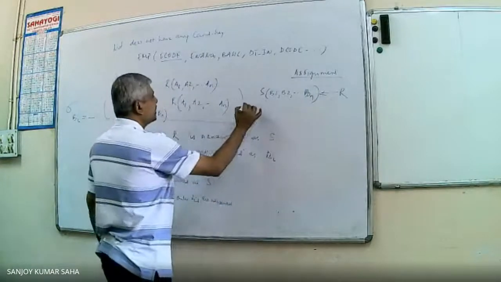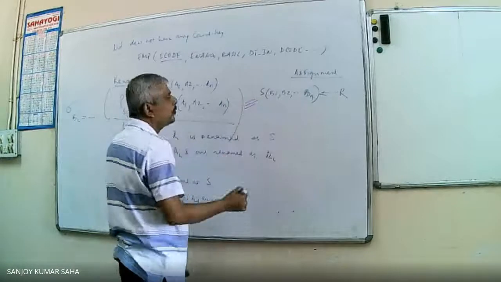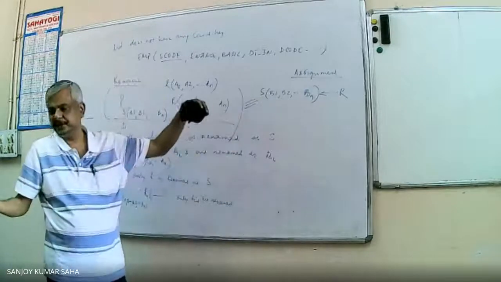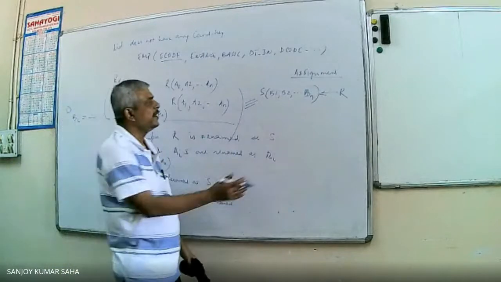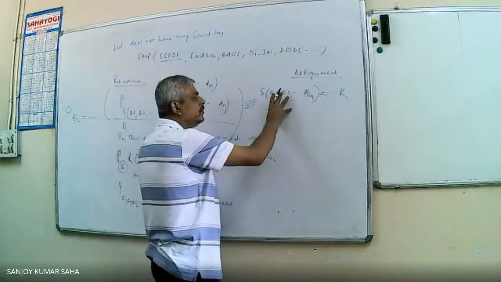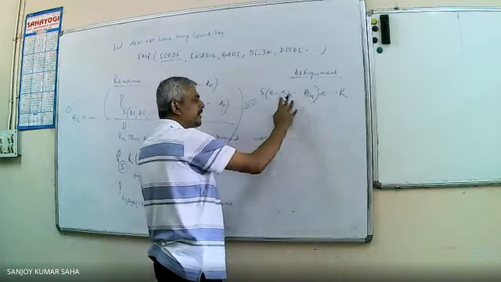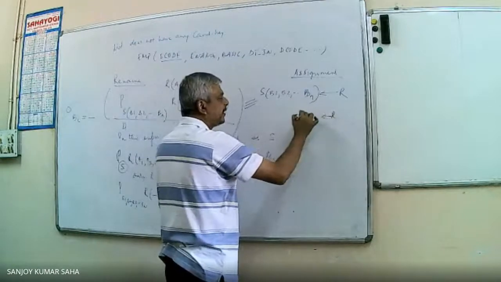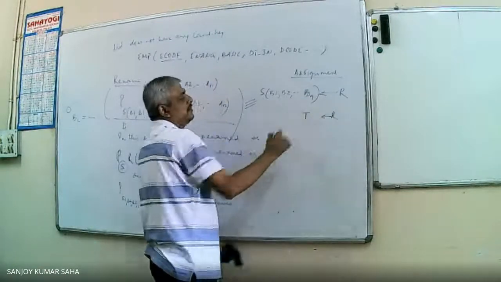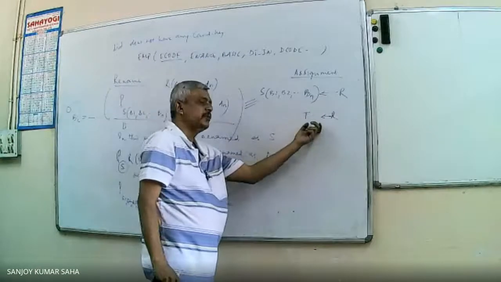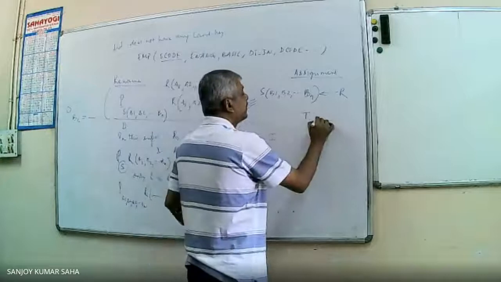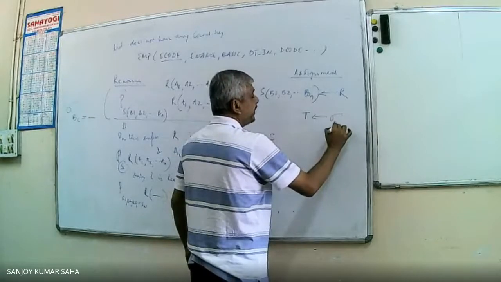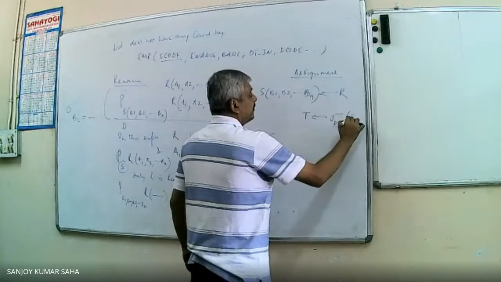So these two things are equivalent. Whenever I am writing a relational algebra expression, if it is a very large one, the intermediate things can be put into some other relation. Say if I simply write R to T, only the relation name is changed, attribute names are the same. If R is big, I can put some predicate selection operation.